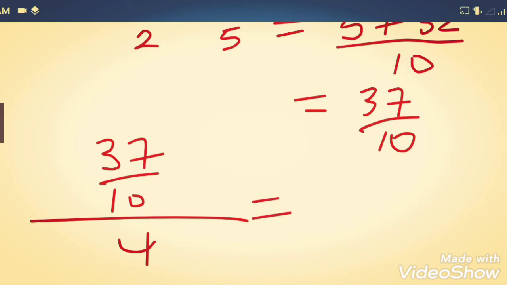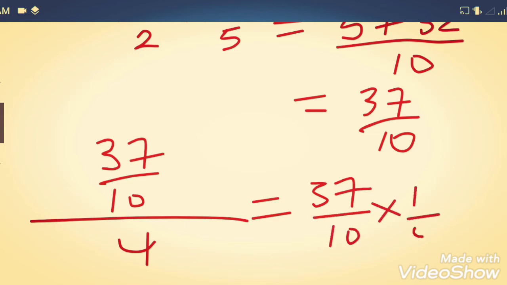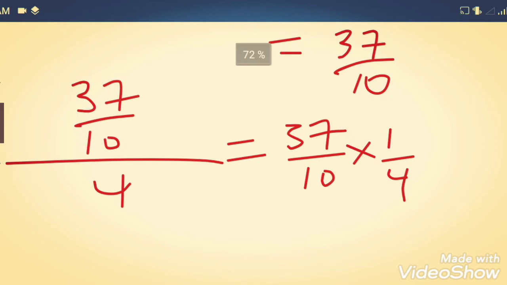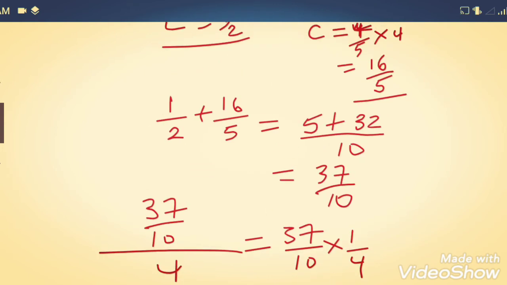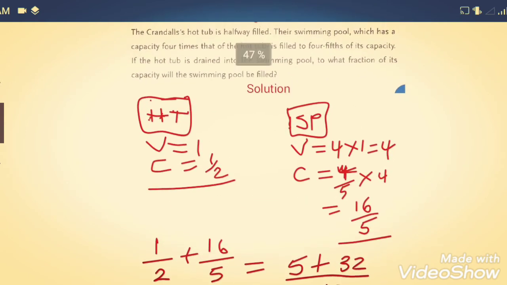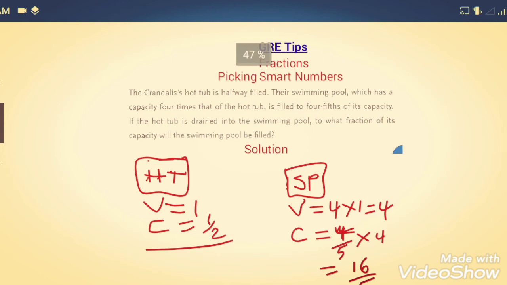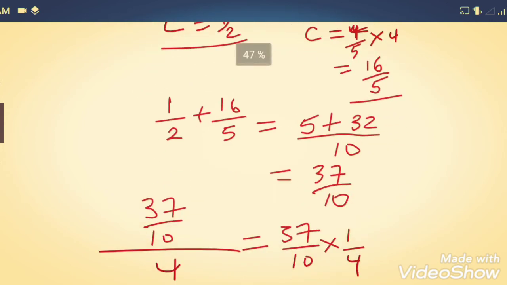This is the same as 37/10 times 1/4, and that gives 37/40. Okay, normally this is how you will solve this question. So this is what I call the traditional method. Now let me use the GRE method.